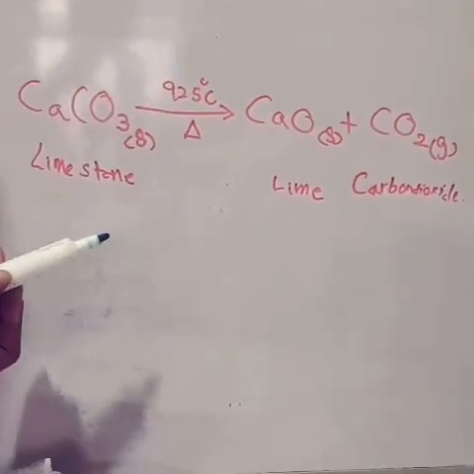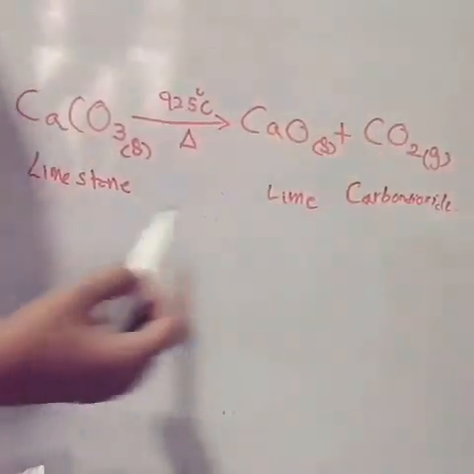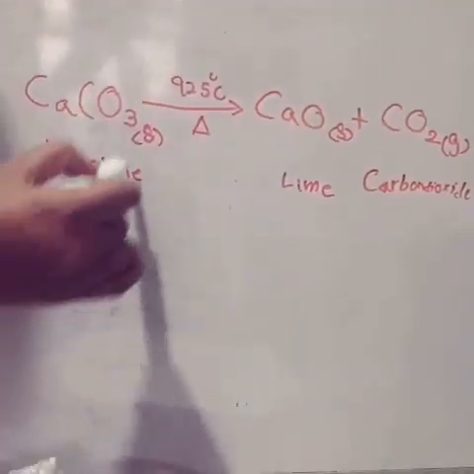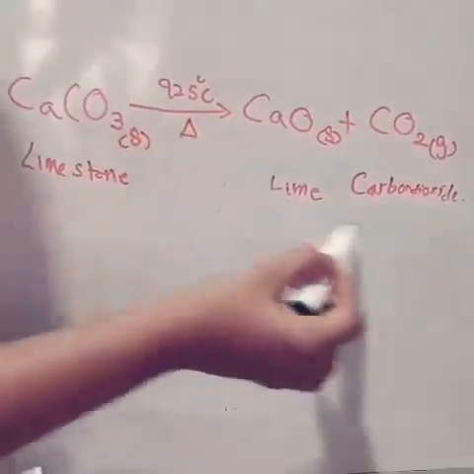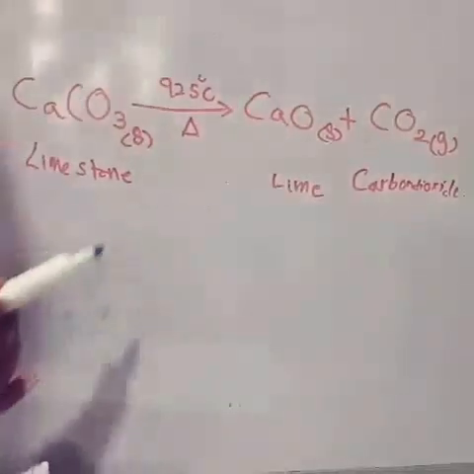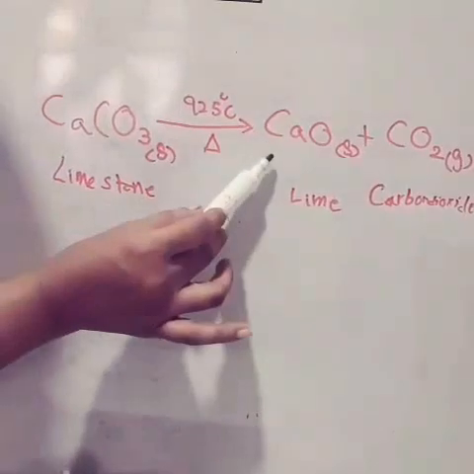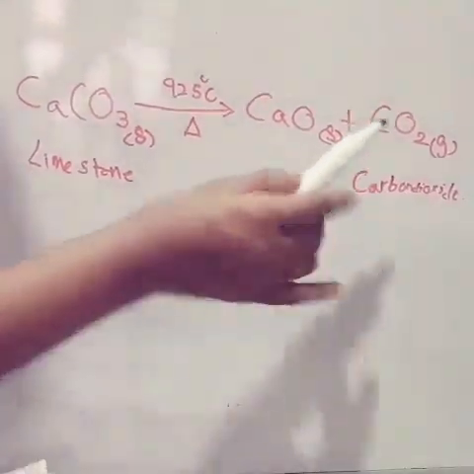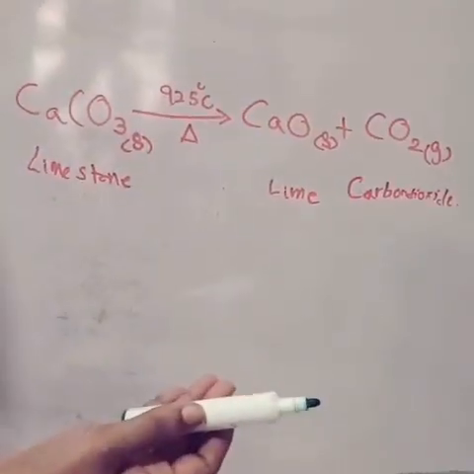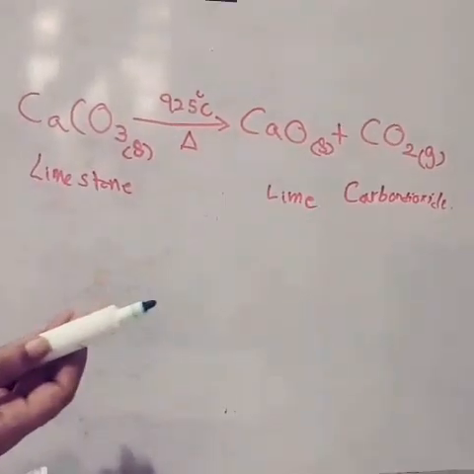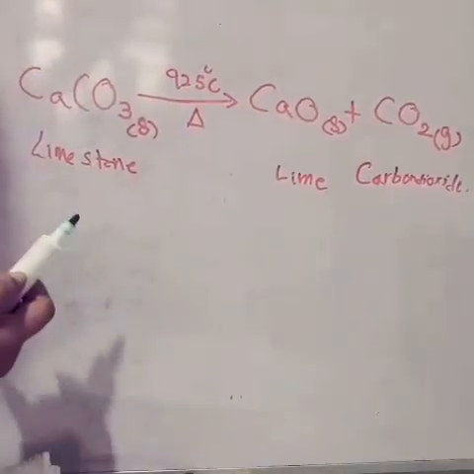What is the meaning of decomposition reactions according to this? Starting with a single chemical and finishing with many simpler chemicals. Starting with one complex chemical, we have obtained more than one simple chemical. Such reactions are called decomposition reactions.